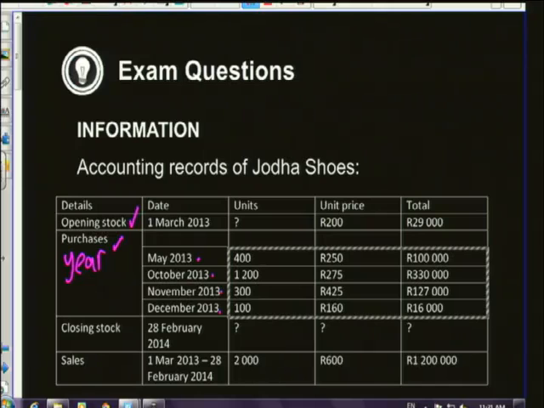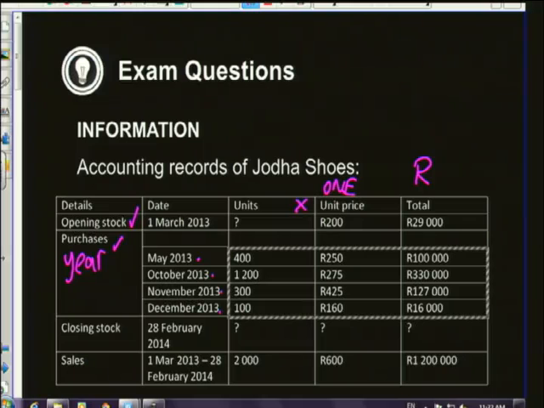Now, if we read further, if we look at this table further, you're given units, the unit price, in other words, the price of one unit, and thereafter you're given the total rand value of your stock. Now remember guys, something that you should do at the beginning, especially in terms of this table, the number of units times your unit price will give you your total value of stock.